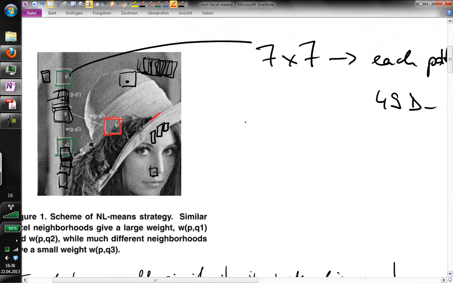However, if we're only looking at a 7 by 7 patch, then they may still look reasonably similar. So the only kind of image where you really have no similar patches at all is a white noise image. But then in a white noise image, what do you want a denoising algorithm to do? So it's actually very simple and yet quite powerful.